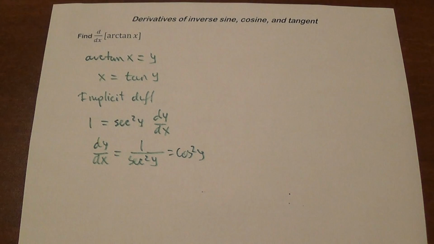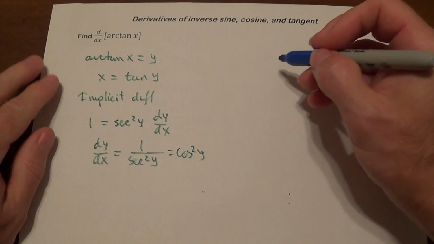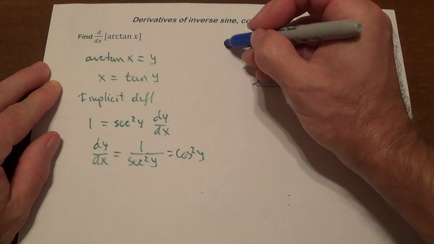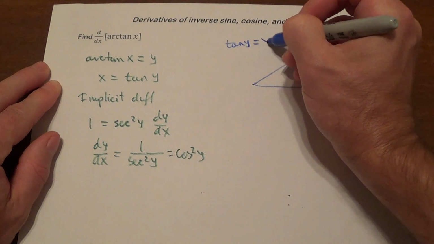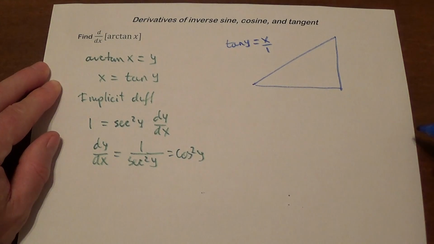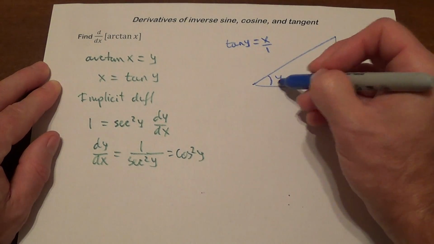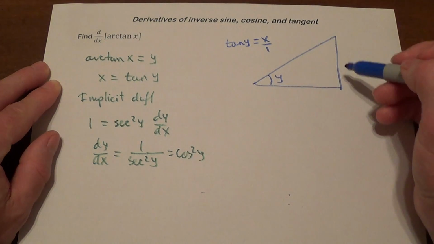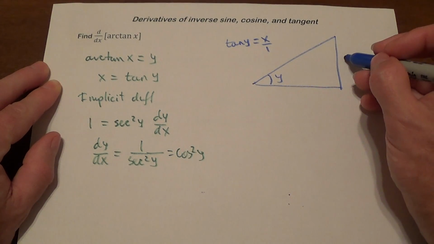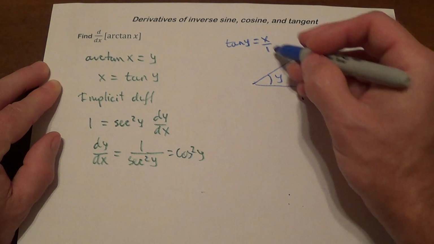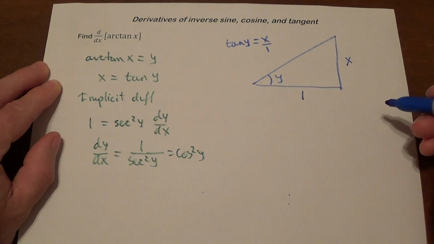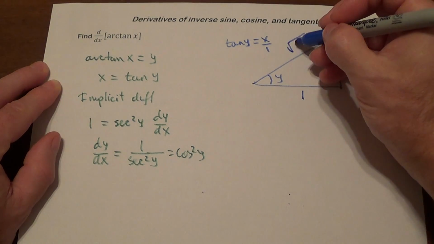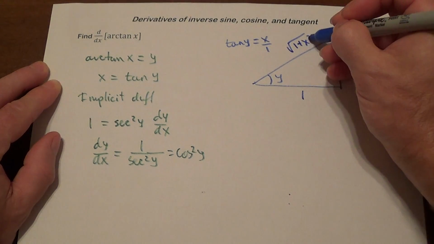Let's do a right triangle. So we know that tangent y is x, so we're going to write it as x over 1. This is angle y. And tangent is opposite over adjacent, so that means this side is x, this side is 1, x over 1. And with the Pythagorean theorem, we can figure out that this side here is going to be square root of 1 plus x squared.